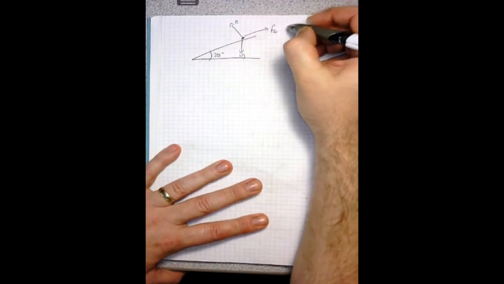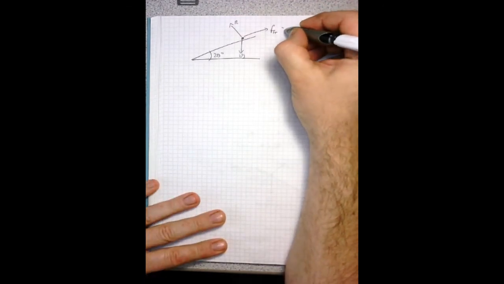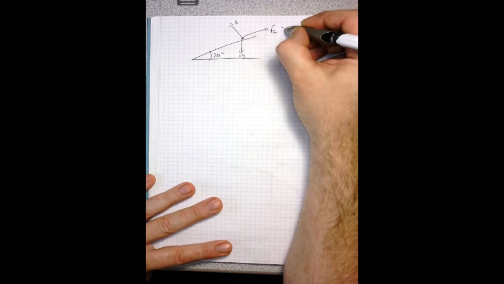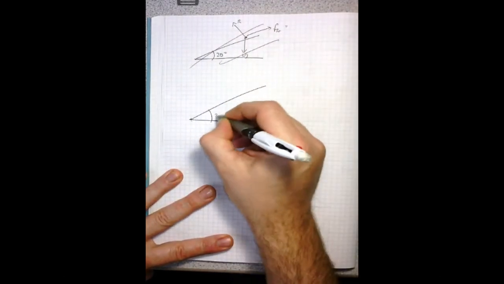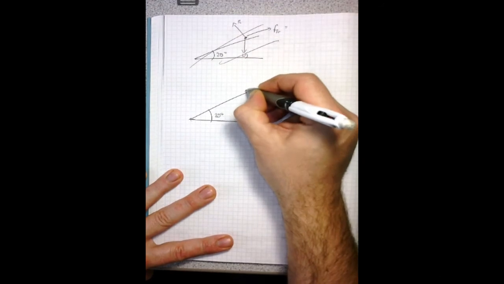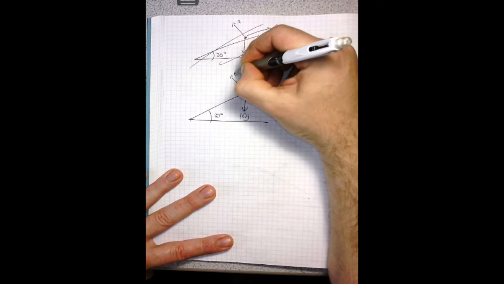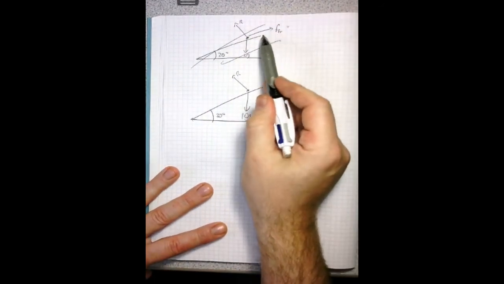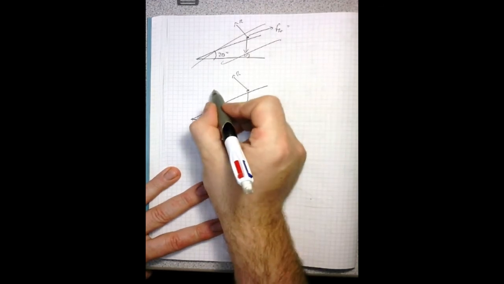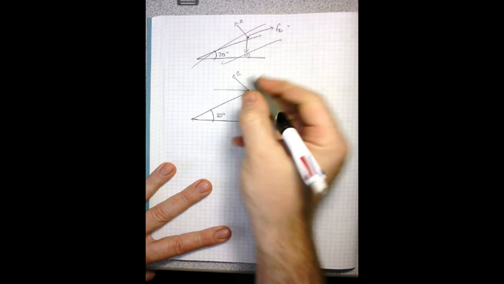Again, I'm in limiting equilibrium. No, do you know what? I'm going to draw it again. 20 degrees, 10g, R. Now, we'll discuss why I haven't put my friction on. In fact, let's put the horizontal force P on. A horizontal force of magnitude P is applied to the box.